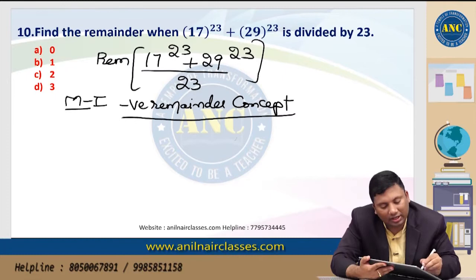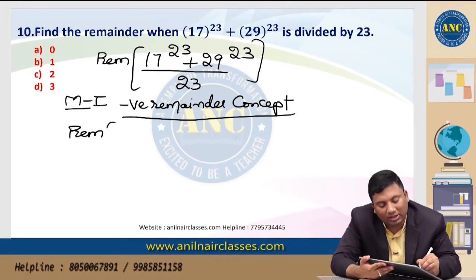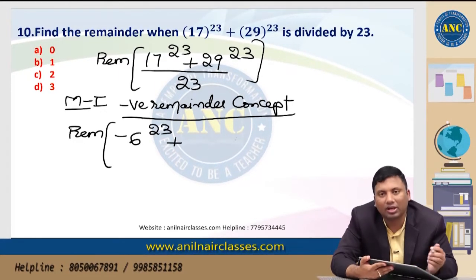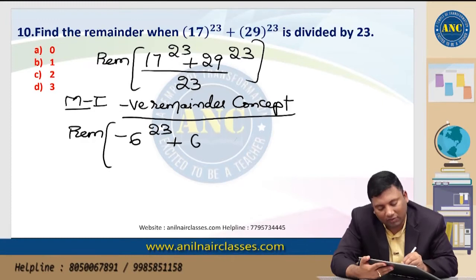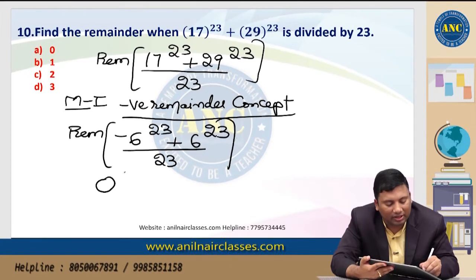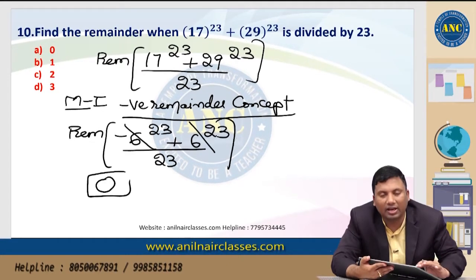What is this negative remainder concept? 23 ones are 23. What is the negative remainder? Minus 6. Minus 6 power 23. What is the positive remainder? Plus 6. Minus 6 power 23 plus 6 power 23 will get cancelled. I will get answer 0.